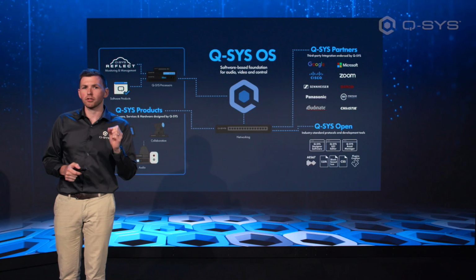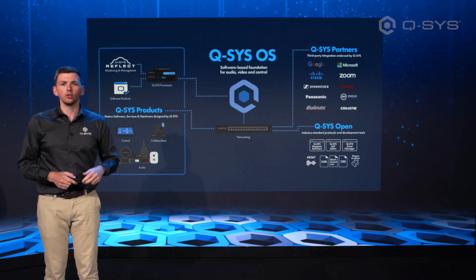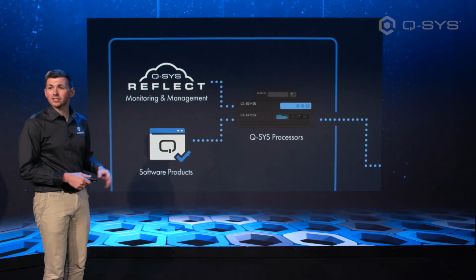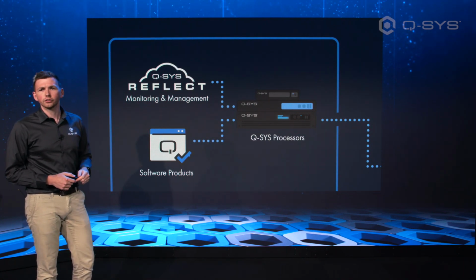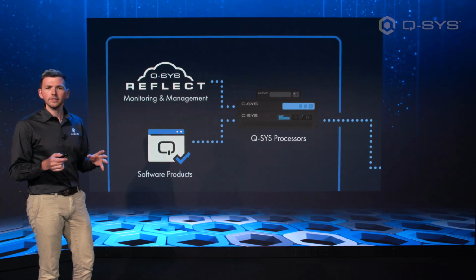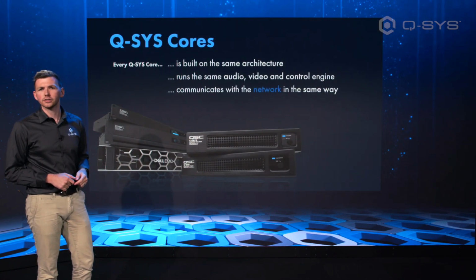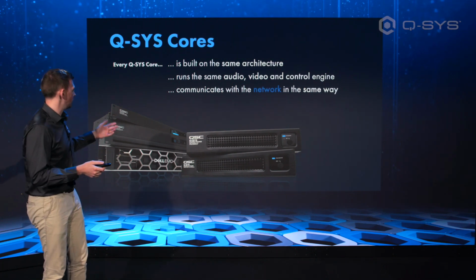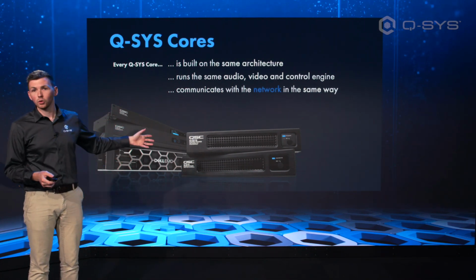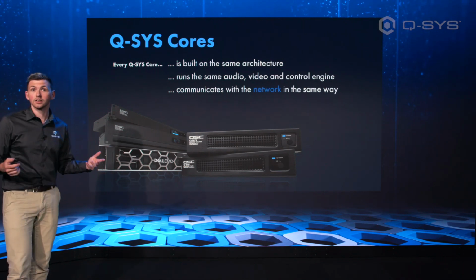Now, where the OS primarily lives is on your Q-SYS processor. You can see here we've got our Q-SYS processors. Let's talk about those for a second. The key thing to understand is that there are a few different models. We've got big ones and small ones, and there's one that's actually a Dell server, and we'll talk about some of the differences there.